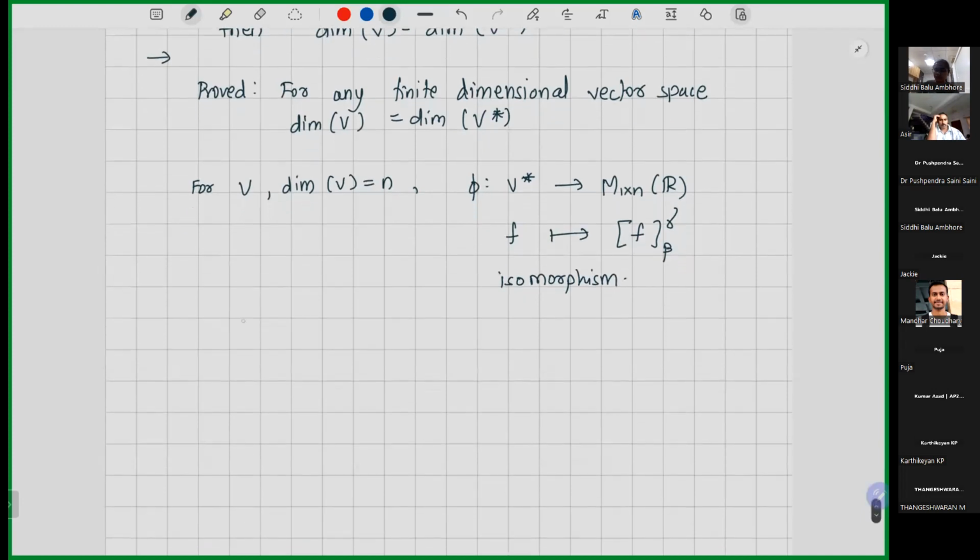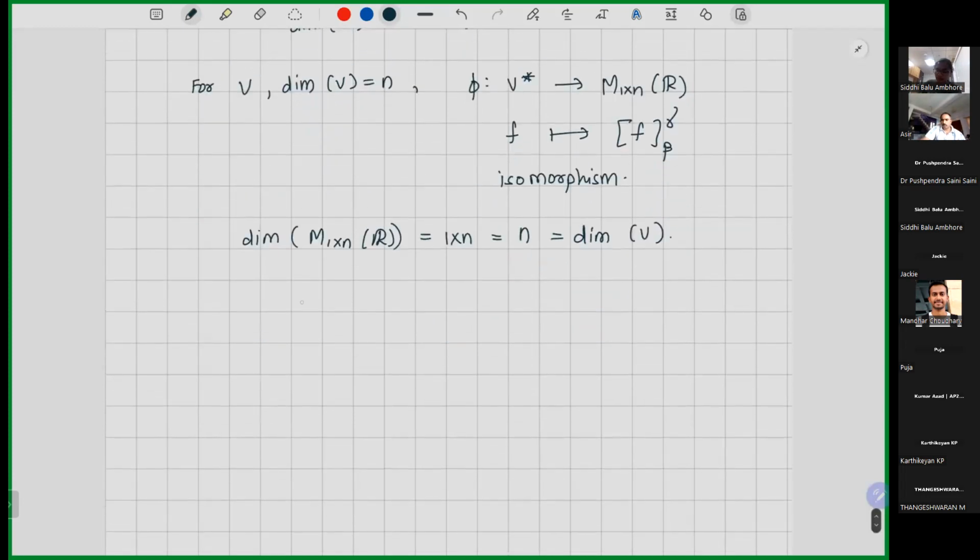So the dimension of M1 cross n R, we saw in the lecture, is 1 cross n, which is n in this case, and which is nothing but the dimension of V as we had assumed. And since V star is isomorphic to M1 cross n R, we know that finite dimensional vector spaces are isomorphic if and only if their dimensions are equal.